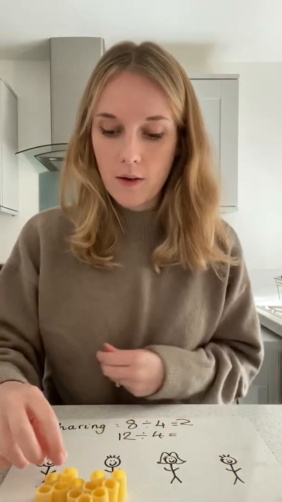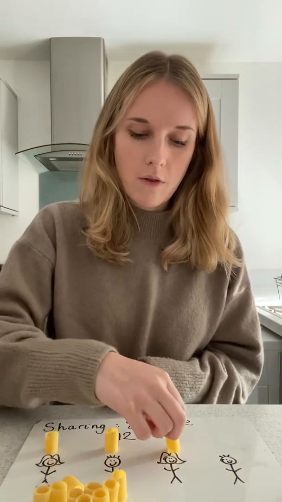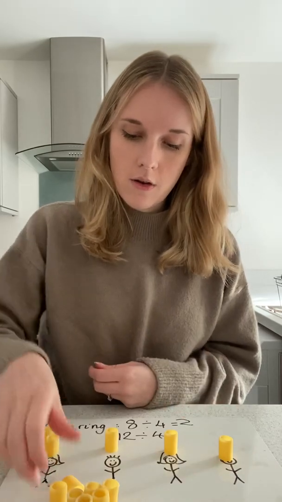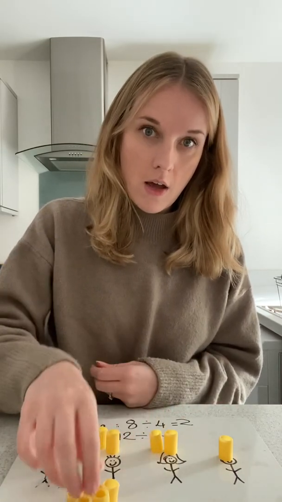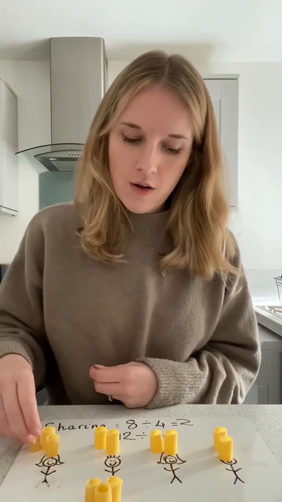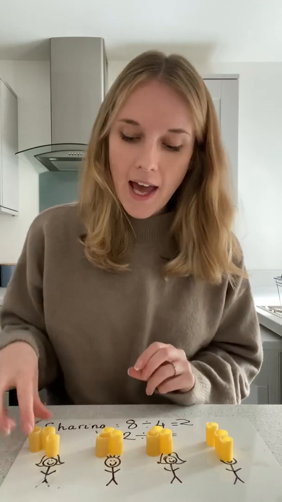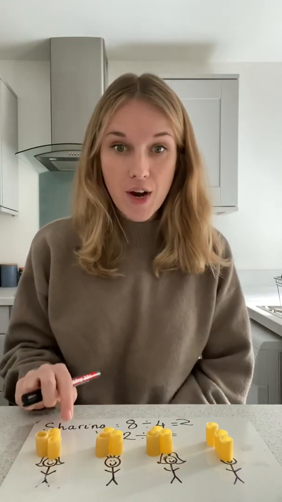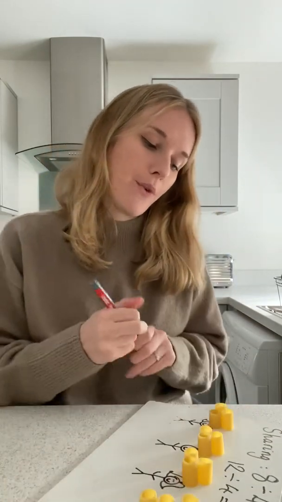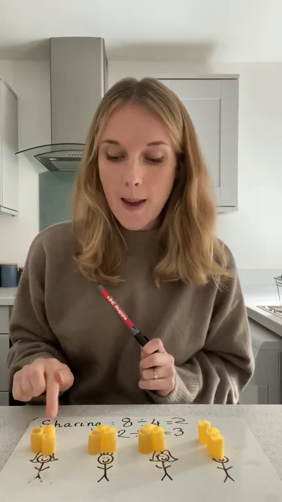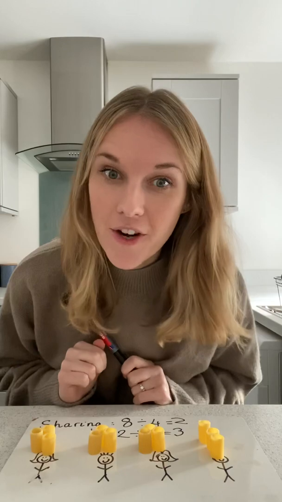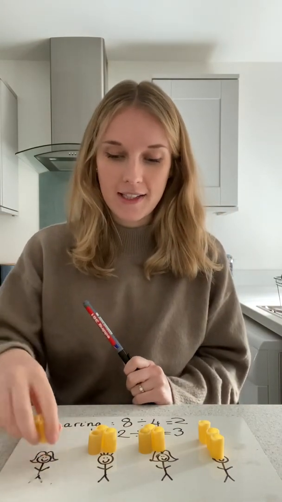So I've just added my extra 4 to make 12, and here we go. 1, 2, 3, 4. 1, 2, 3, 4. 1, 2, 3, 4. Now I can see that each group has 3 in it. Okay, so I know that 12 divided by 4, 12 shared equally amongst 4 is 3, because there are 3 in each group. Okay, fantastic.